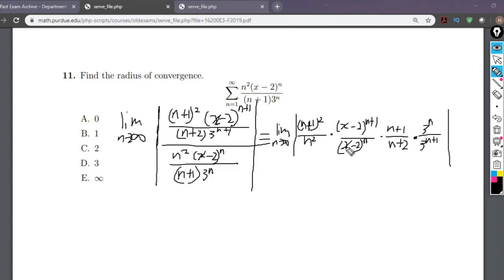Now let's simplify this. So here is another exponent, so we can say that will go to 1, and this will just leave 1 power of x minus 2 here. And we leave this alone for now. And same thing here. We will have 3 left in the bottom of this and 1 left in the top. So for these two, when you plug infinity in, it's infinity squared over infinity squared, and this same thing, infinity over infinity, and then we can use L'Hopital's rule here.